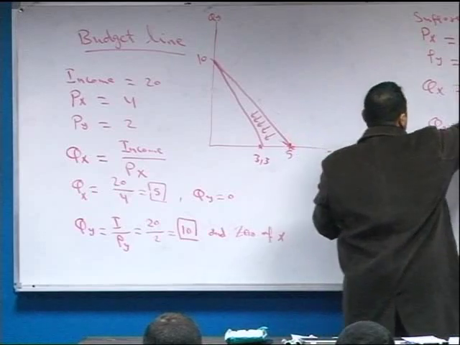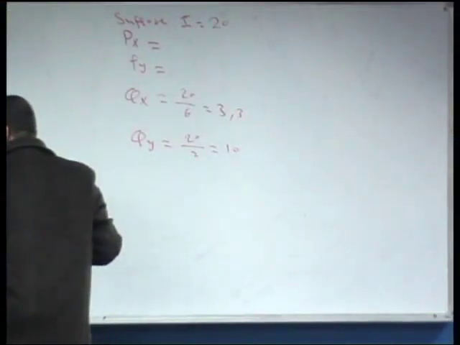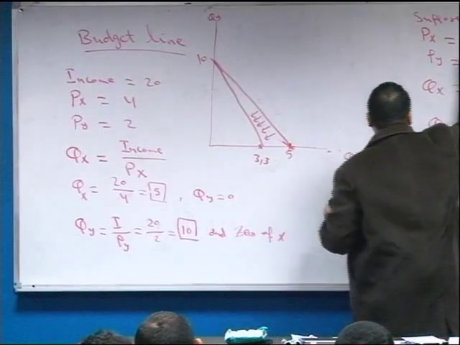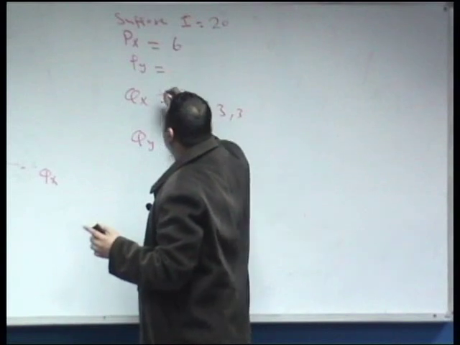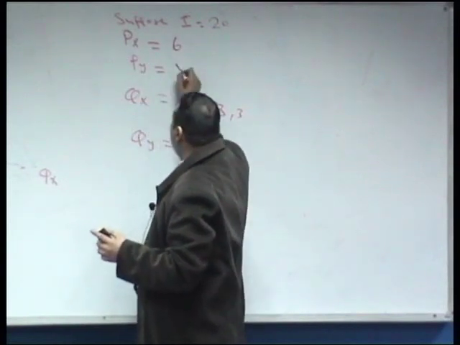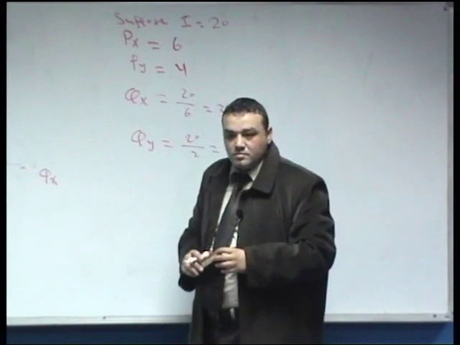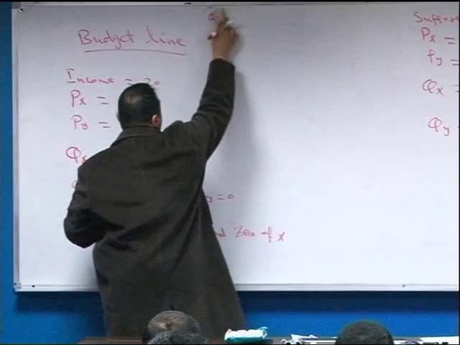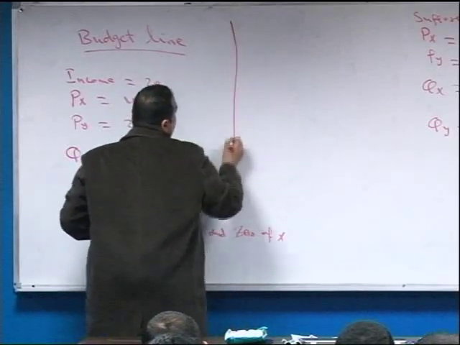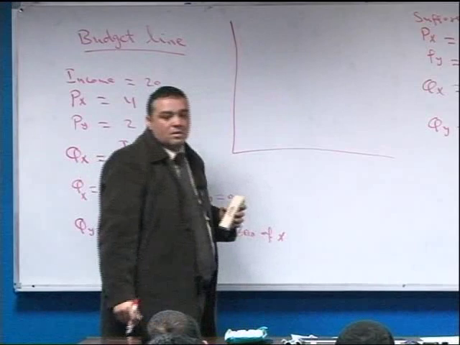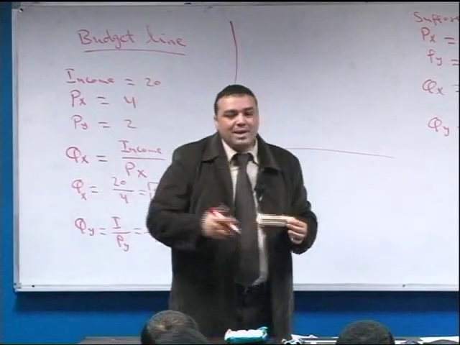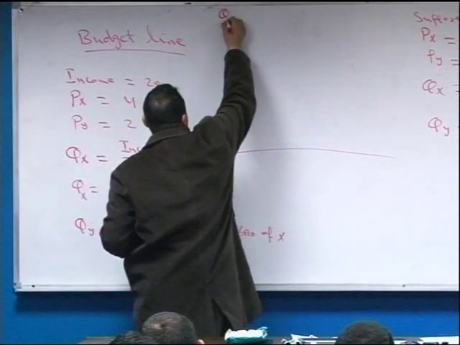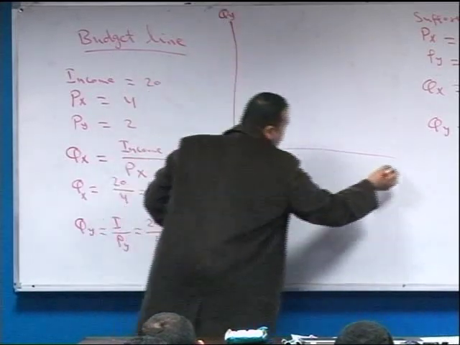Suppose that the original price of x is 4 and the price of y is 2. Suppose that the price of x increased to 6, and the price of y increased to 4. So suppose there is an increase in the prices of x and y. It would lead to a reduction in the ability of the consumer to purchase. But let us discuss the effect on Qy and Qx.